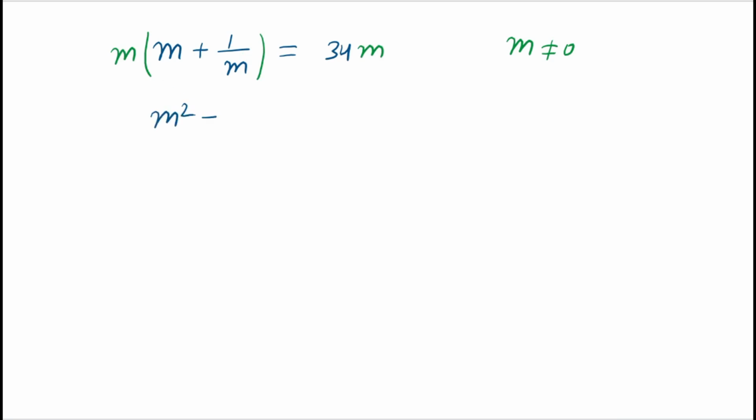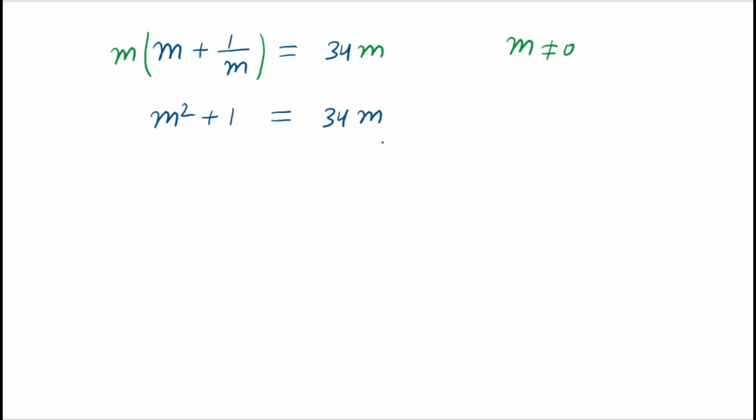Here m + 1/m is equal to 34, and we know that m is not equal to 0. So if we multiply both sides by m, then m times m is m², plus m times 1/m is 1, and this is equal to 34 times m.